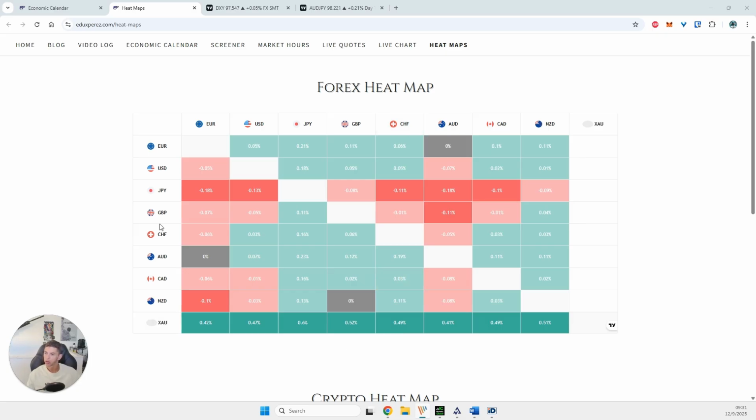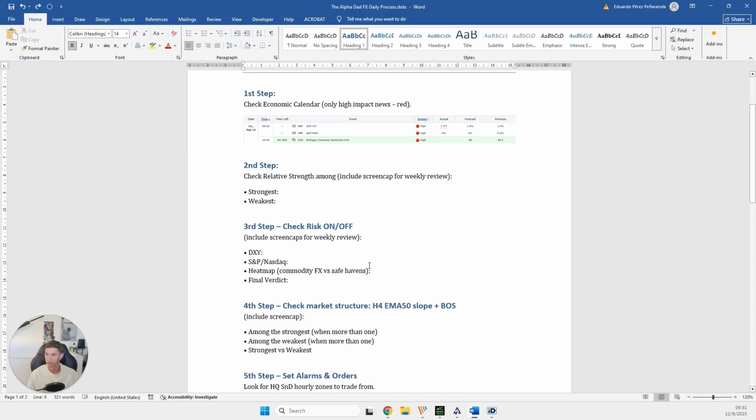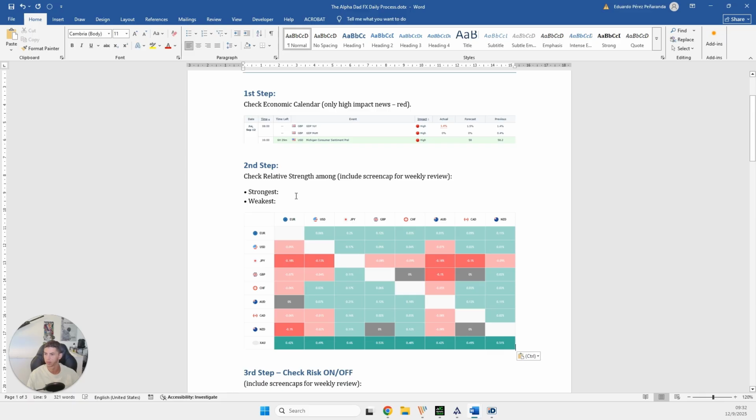Interesting. So what would we trade for today? The question is, JPY for sure is the weakest. And we see the Aussie. Oh, we have the same as yesterday. Strongest AUD and euro, and the weakest JPY by far.